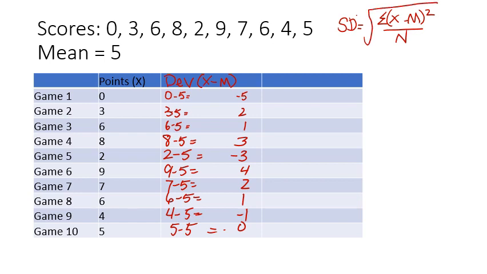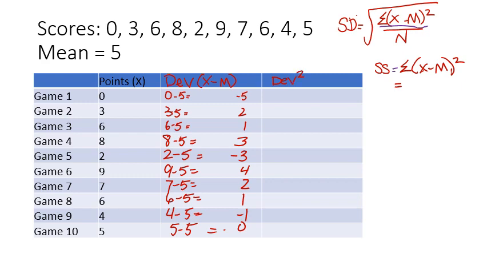So the first thing we're going to figure out is the sum of squares, which is this part of our formula. So the sum of squares equals the sum of all the squared deviations. And so let's figure out the squared deviations.